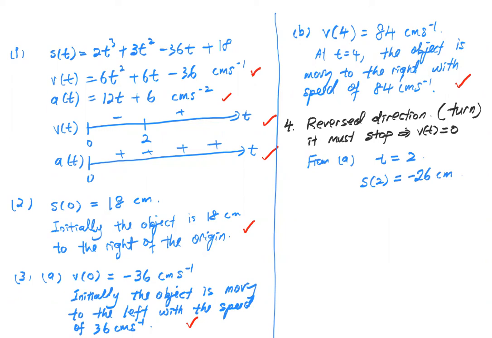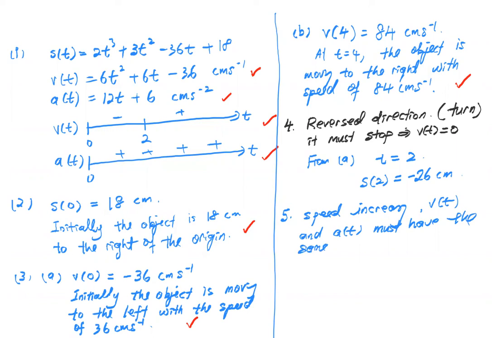Okay, so number 5. You see, so easy. Find the time when the object speed is increasing. I told you already, you want to talk about speed increasing, you look at both of these from part A, correct? So speed increasing, Vt and At must have the same sign.